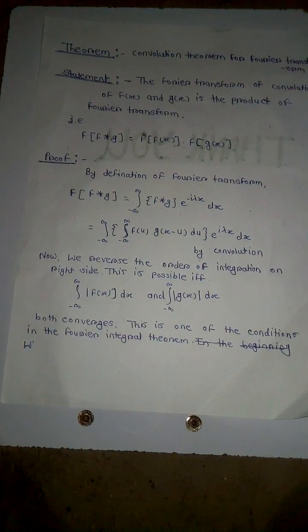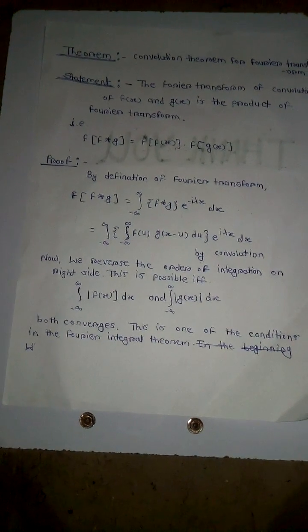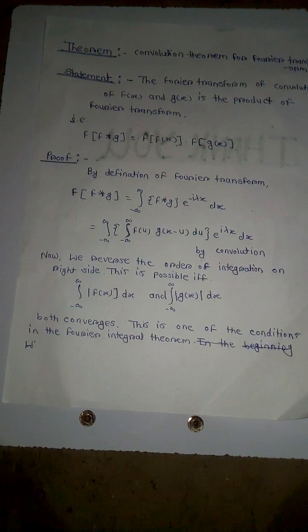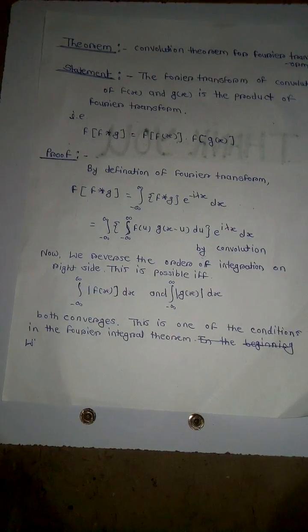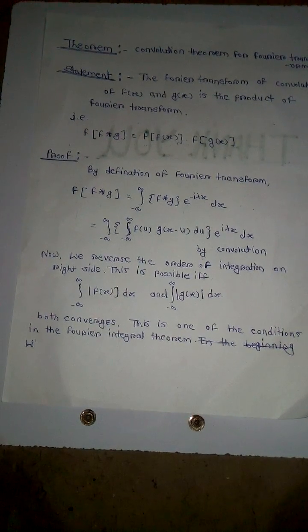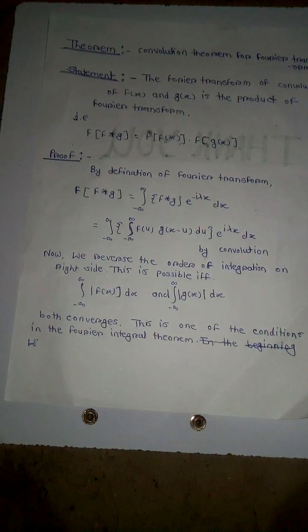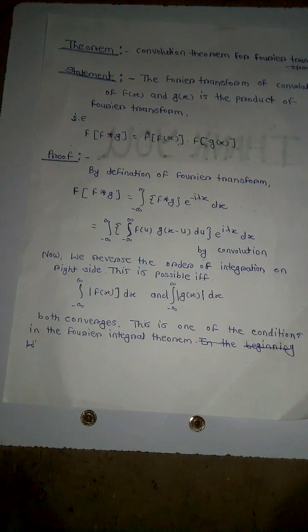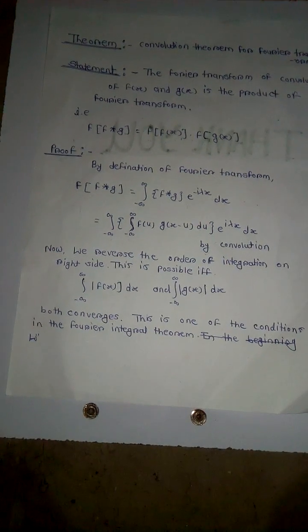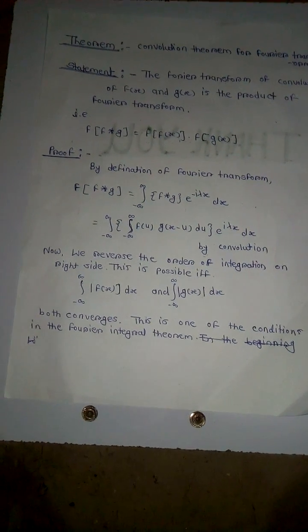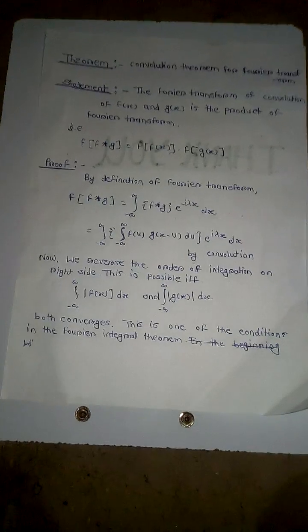Now we reverse the order of integration on the right side. This is possible because the integrals of f(x) dx and g(x) dx from minus infinity to infinity both converge. This is one of the conditions in the Fourier integral theorem.